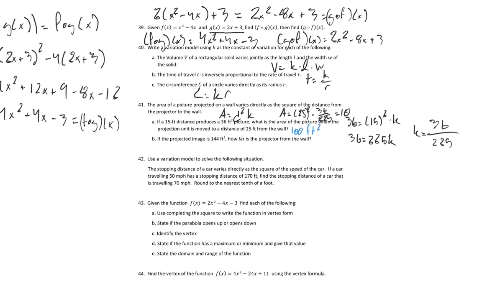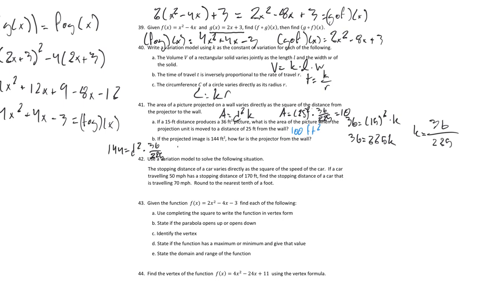If the projected image is 144 square feet, how far is the projector from the wall? Excuse me. So we're kind of going backwards this time. We have the area: 144 equals d squared times k, which is 36 over 225.